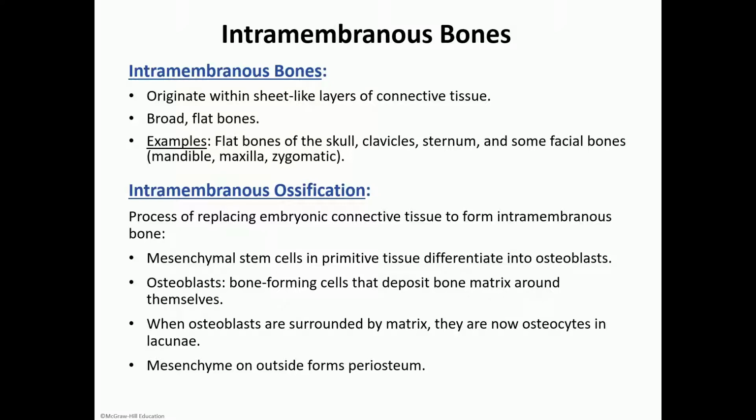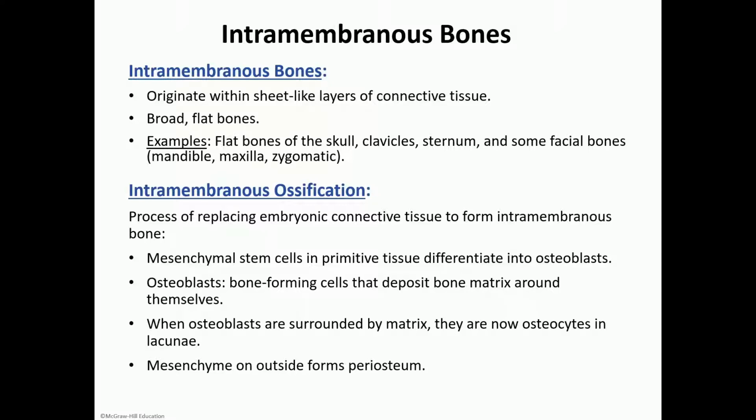So osteoblast will change into bone when that cell grows up. In order for that cell to grow up, it has to surround itself with collagen and start depositing collagen and depositing the inorganic salts.